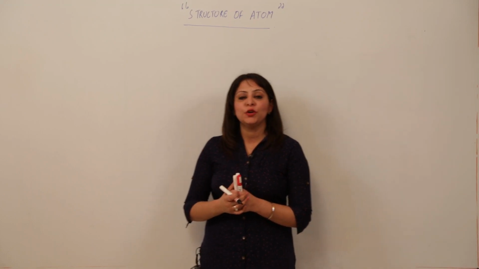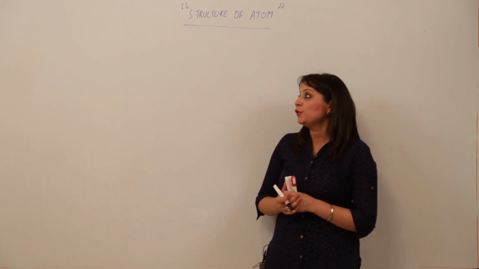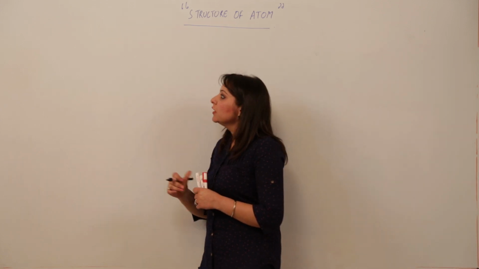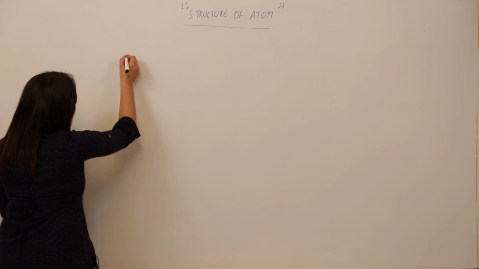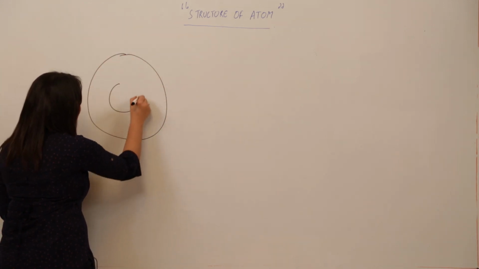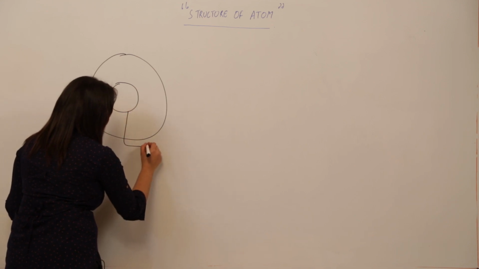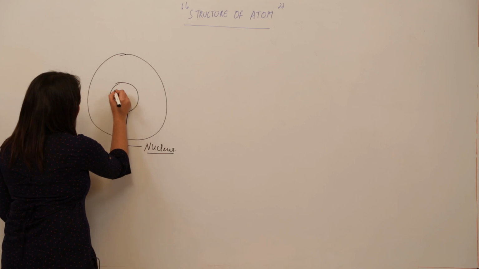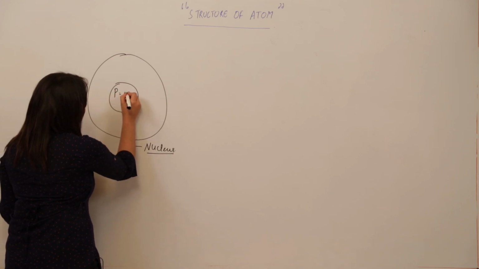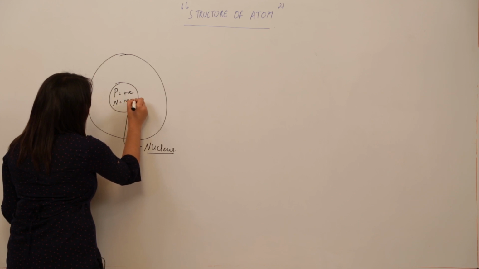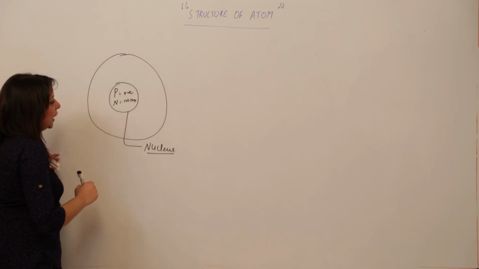Bohr was able to explain the structure of the atom in a proper manner. According to Bohr, the atom is somewhat spherical and consists of a nucleus. The nucleus contains the positively charged particle, the proton, and the uncharged particle called the neutron, which contribute towards mass but not charge.